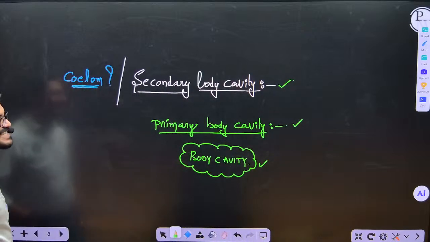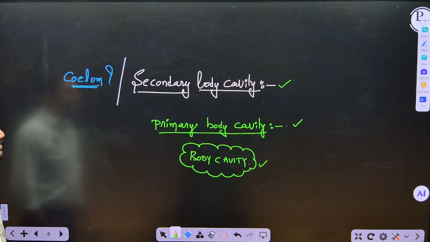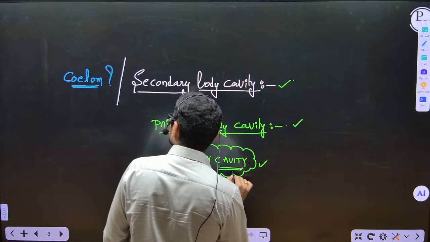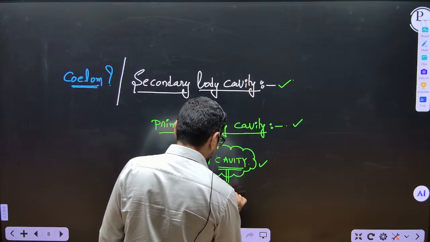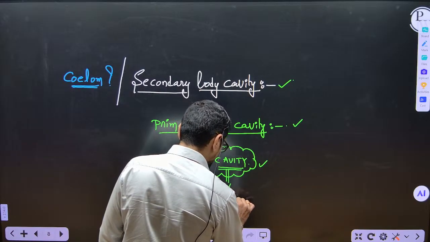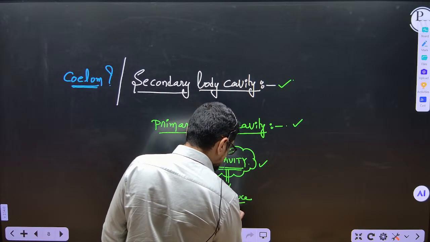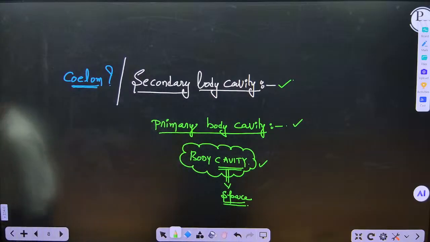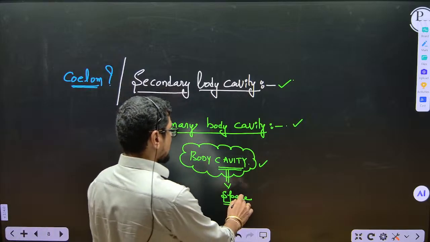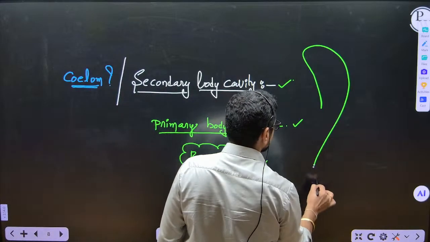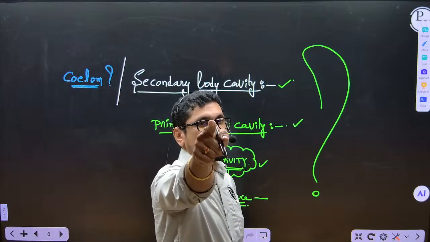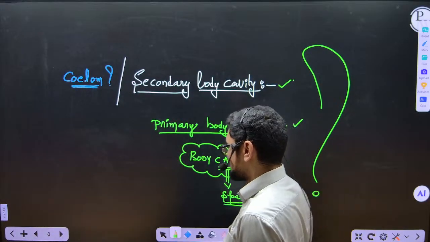What is cavity first of all? Cavity is nothing but the space present in the organism. What is this space? I will explain in a minute. Thank you.